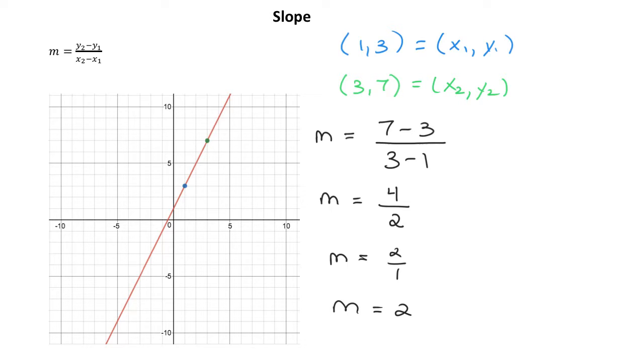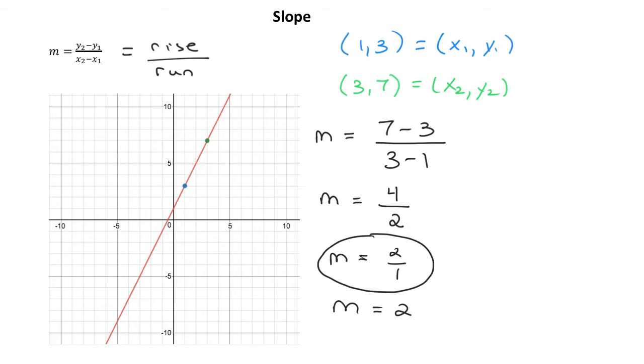Slope is often referred to as the rise over the run. Like here, I wrote slope as a fraction. It tells you that if you start at a particular point on the graph, if we go over 1 and up 2, we end up on the line again.